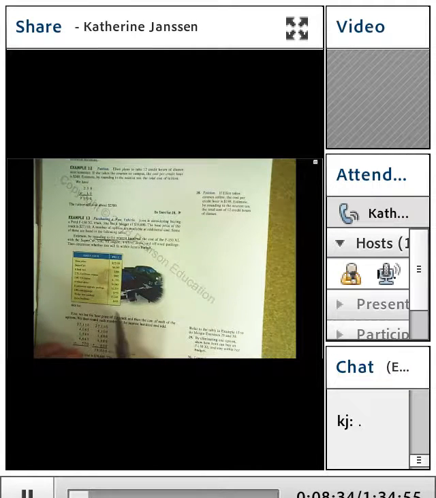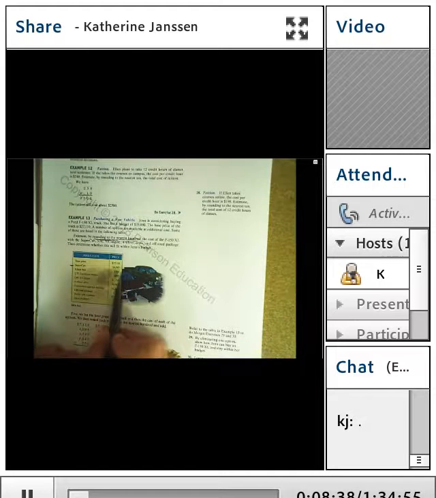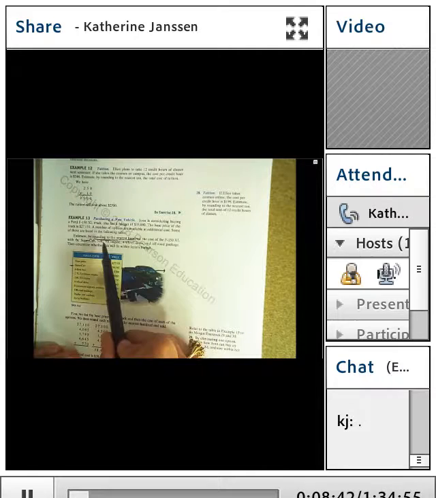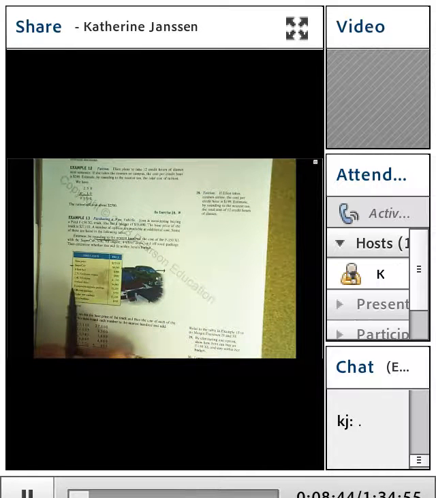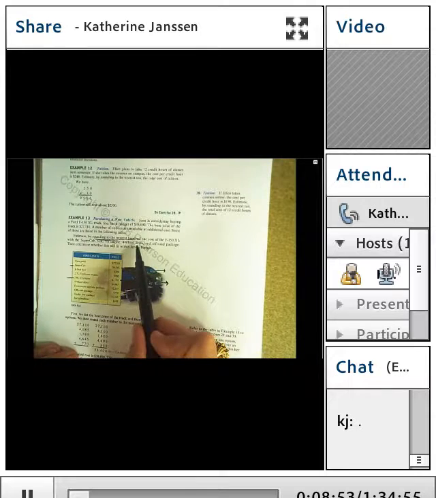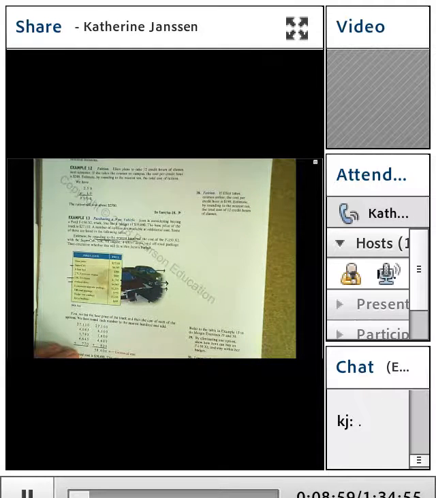So we're looking at the super cab, the V8 engine, the 4-wheel drive option, and the off-road package.